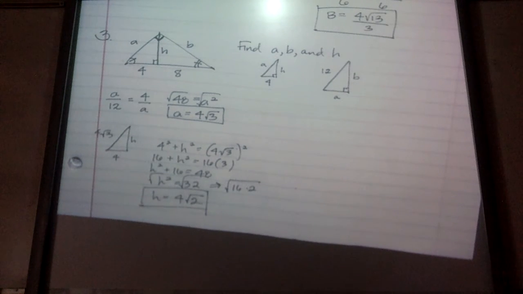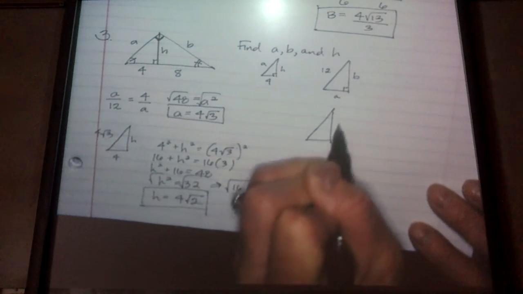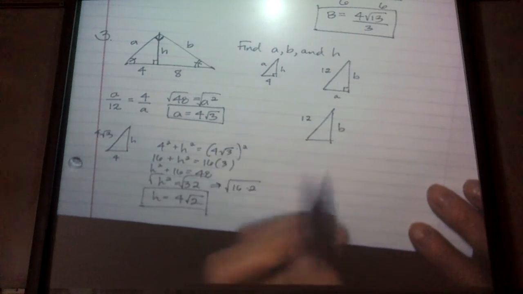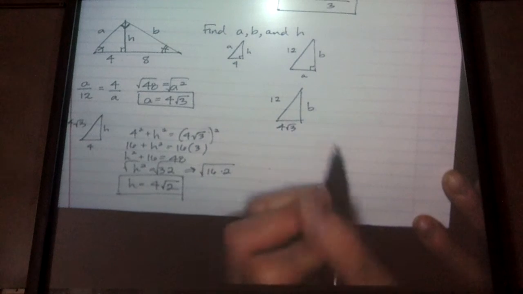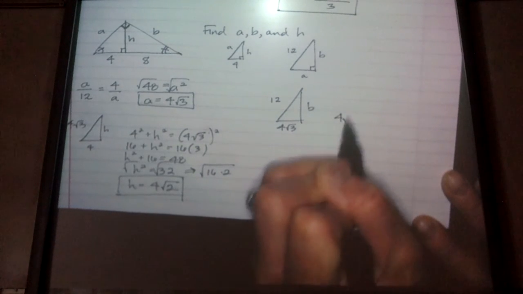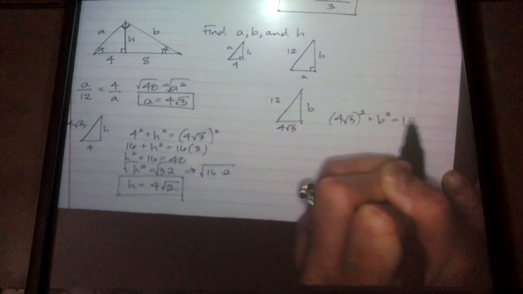Now all that's left is B, and I can do B the same way. I know this is B, I know this is 12, and I know A is 4 root 3. So I know that 4 root 3 squared plus b squared equals 12 squared.